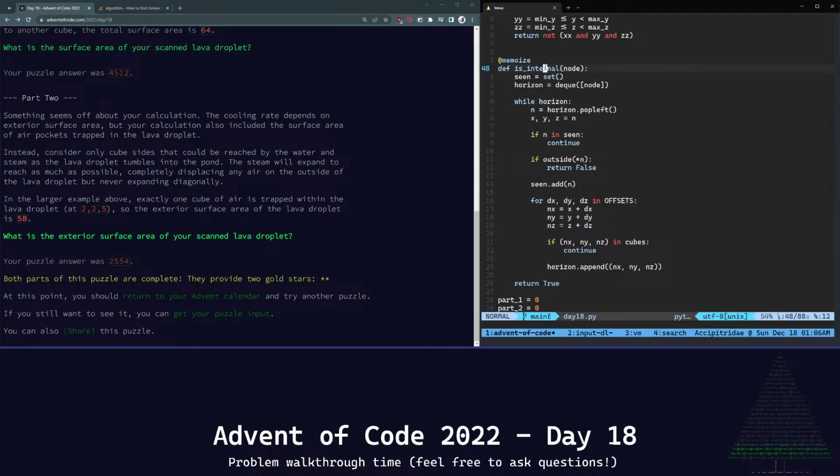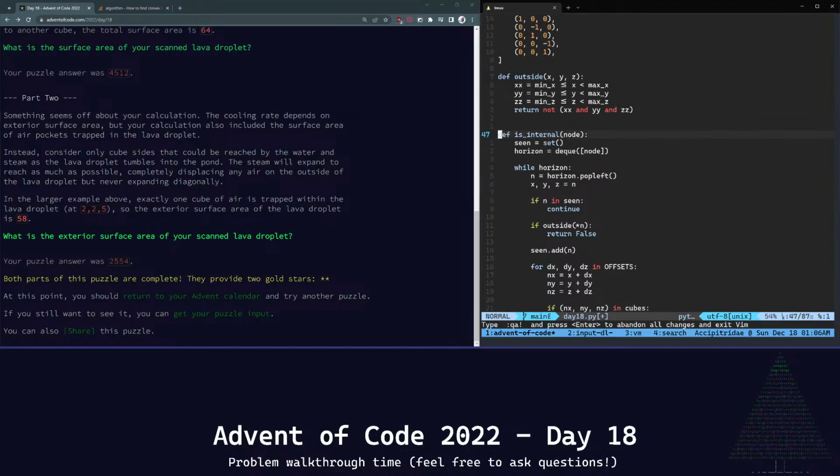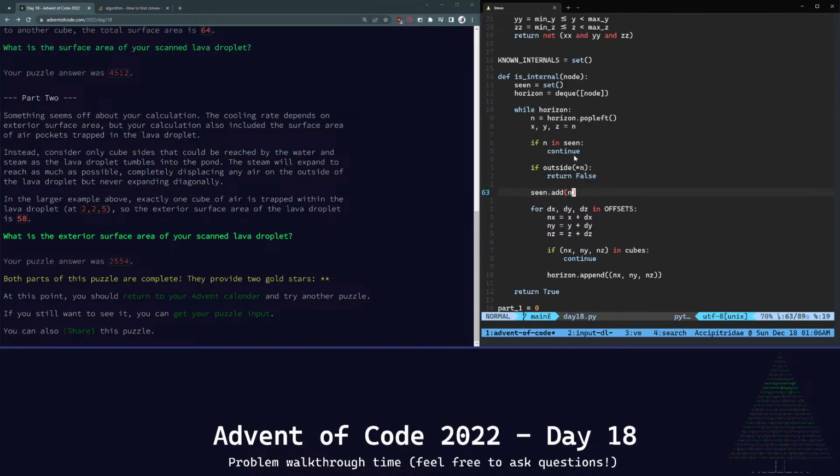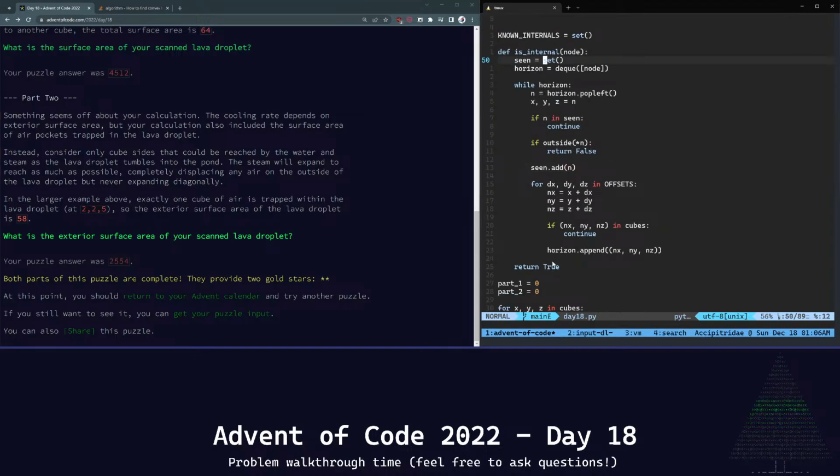So what I think is a convenient thing to do is have known internals be like this. We can just have this be a global object of things that we've seen and we know are internal, right? So at this point, we are internal, so add everything we've seen to known internals.